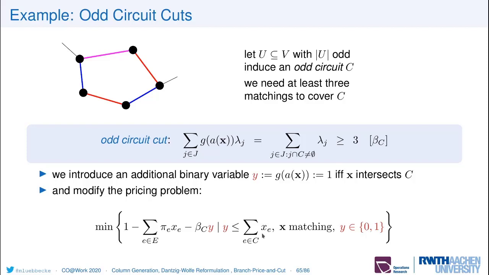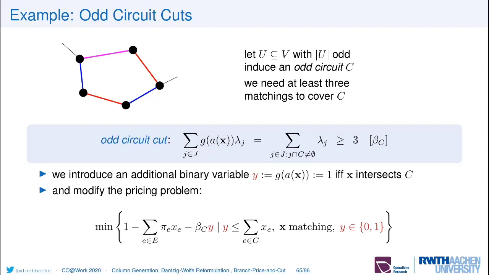And this is exactly what we need. If you look at the numbers here, there is encouragement for y to get to 1 whenever it can. So whenever I pick an edge in the matching from the cycle, the y variable will go to 1, and then we count the right coefficient, which is the dual variable value of the cut, in the objective function. It correctly computes the reduced cost of the new matching I produce in the pricing problem, respecting the dual variable of the cut.